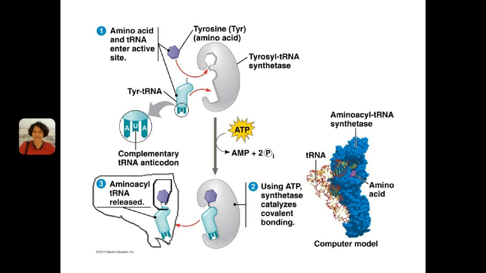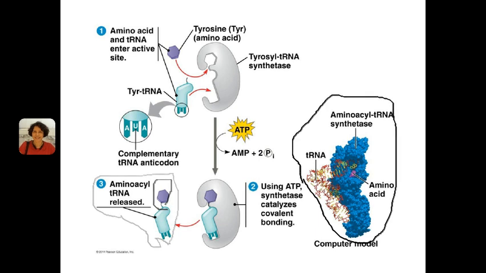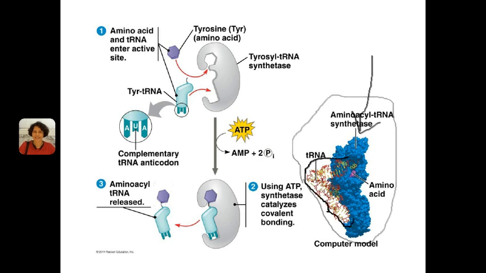Over here, we see a more realistic model of the shape of both the aminoacyl tRNA synthetase, shown in blue, and then you see the tRNA. Can you recognize that L shape that we looked at earlier? The tRNA, how it's binding to the enzyme, and here is the amino acid as well binding to the enzyme.